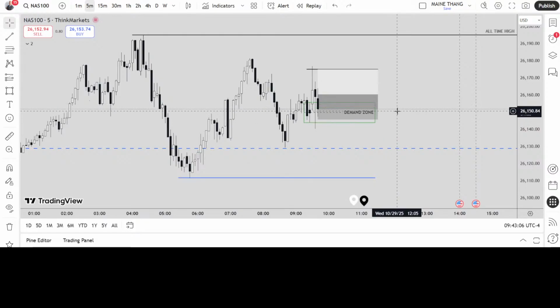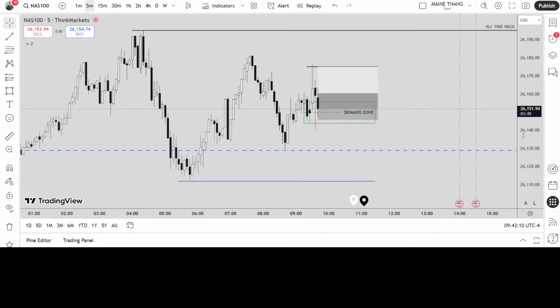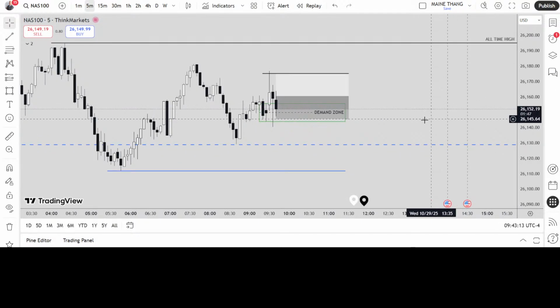If you wanted to trade this strategy on every break of swing high and swing low, I mean, every break of minor structure high or minor structure low, it could work, but the probabilities are low.